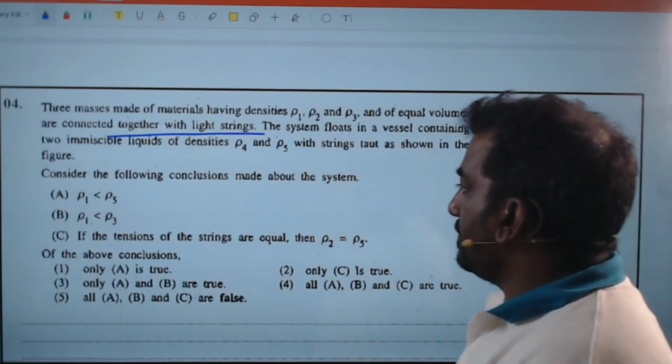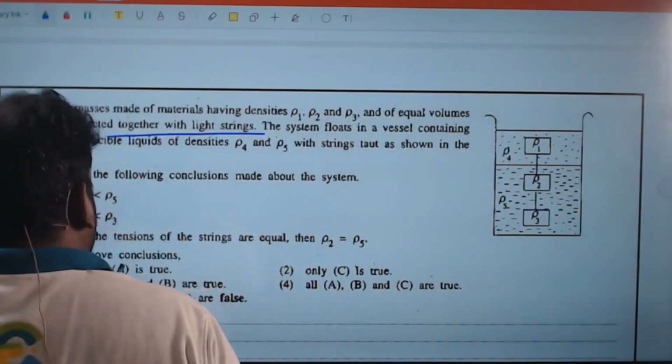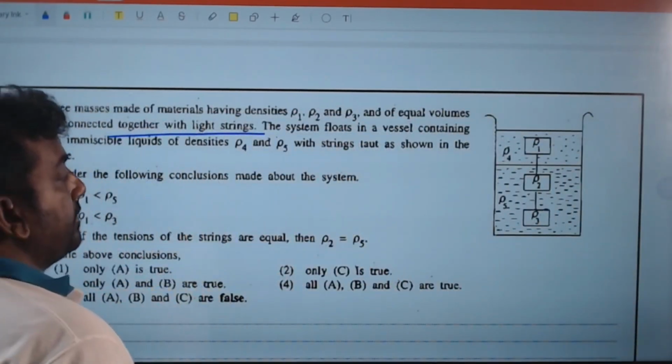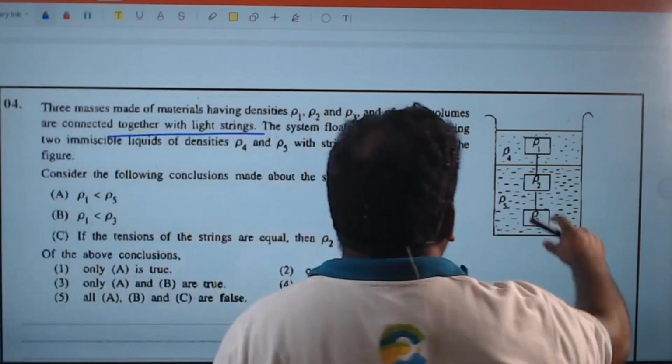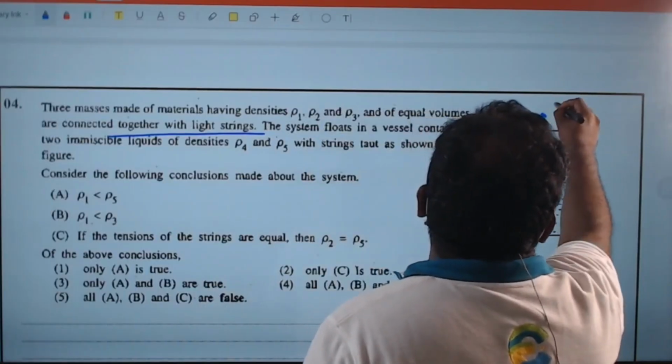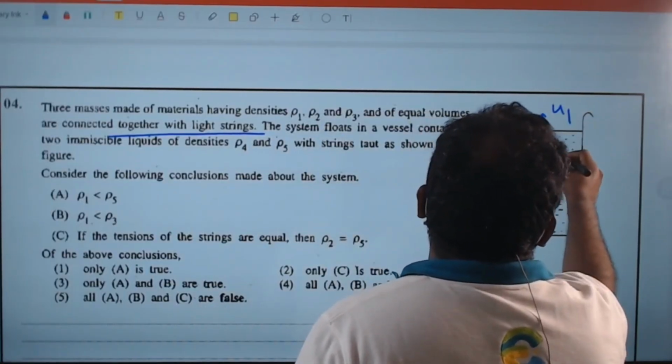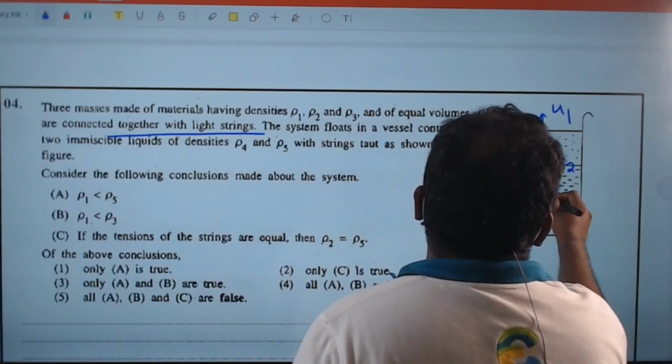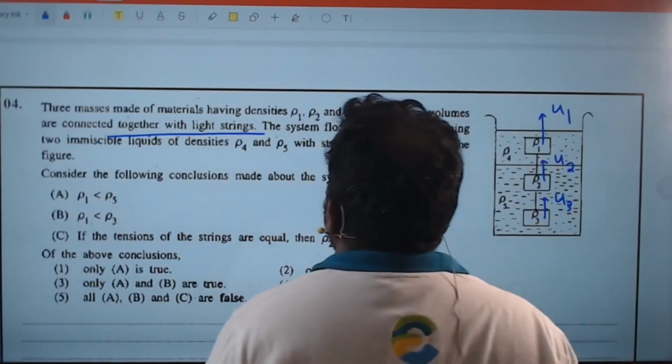Tensions of the strings are equal. If tensions are equal, ρ2 equals ρ5. So here there is an upthrust.